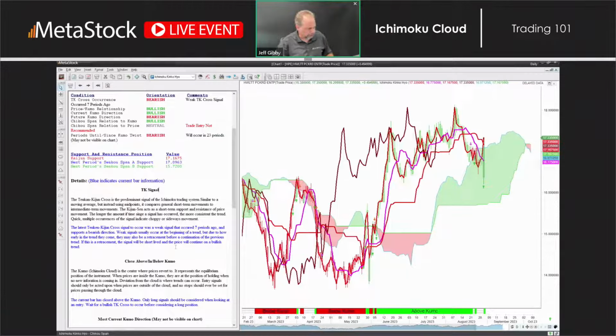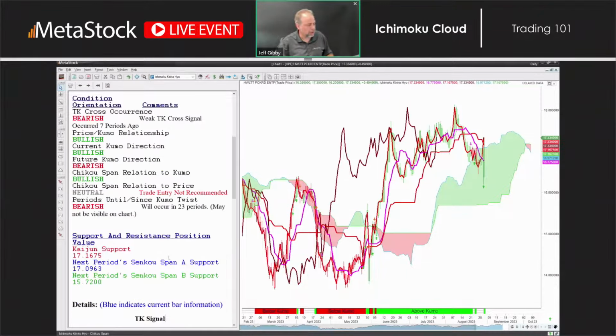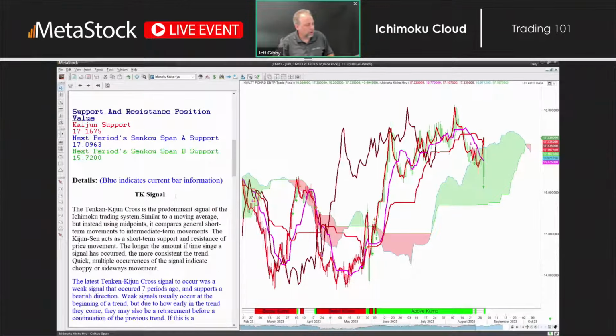And let me go ahead and kind of zoom in a little bit in case you want to read more than I'm going to. Right here for the TK signal, this black part is going to kind of give you an idea of what's happening, or an overview of what this looks at, okay? So in this case, the TK signal is a Tenkan Kijun cross.